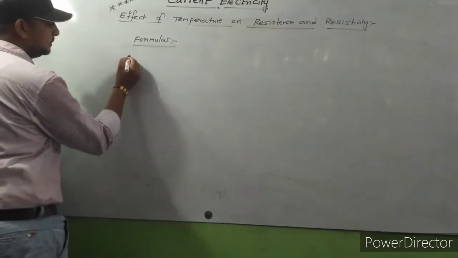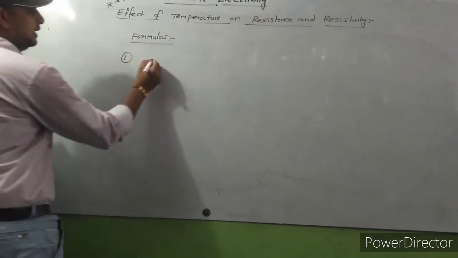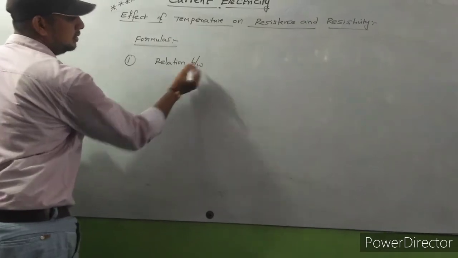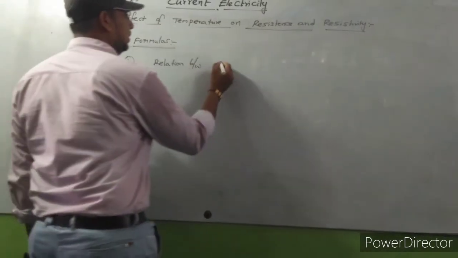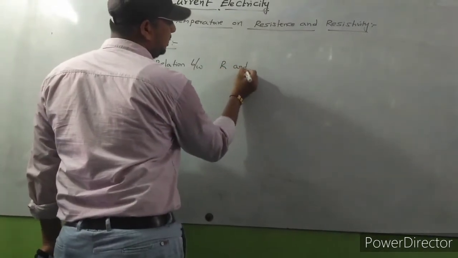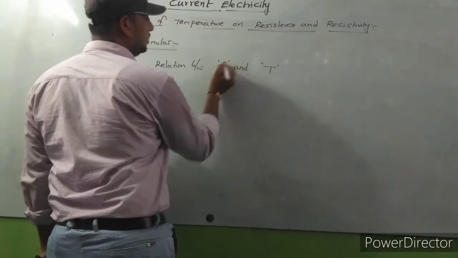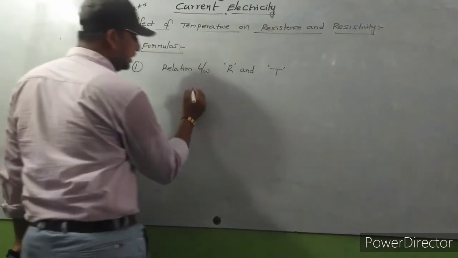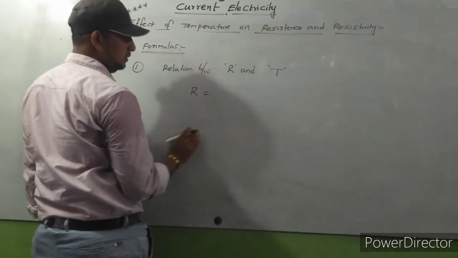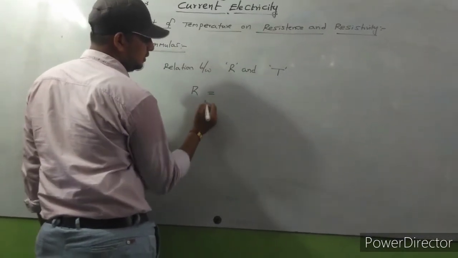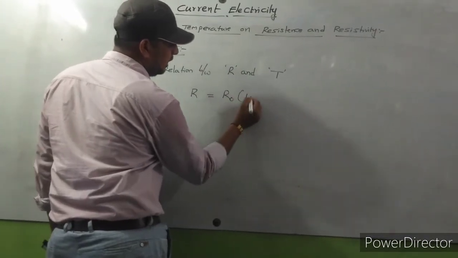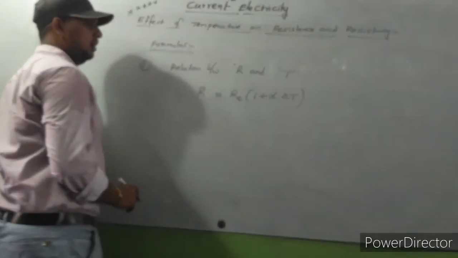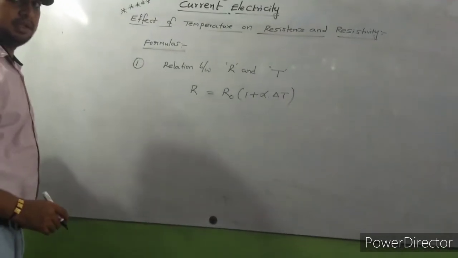One is a relation between R and T. Resistance R is equal to R naught into 1 plus alpha into delta T.